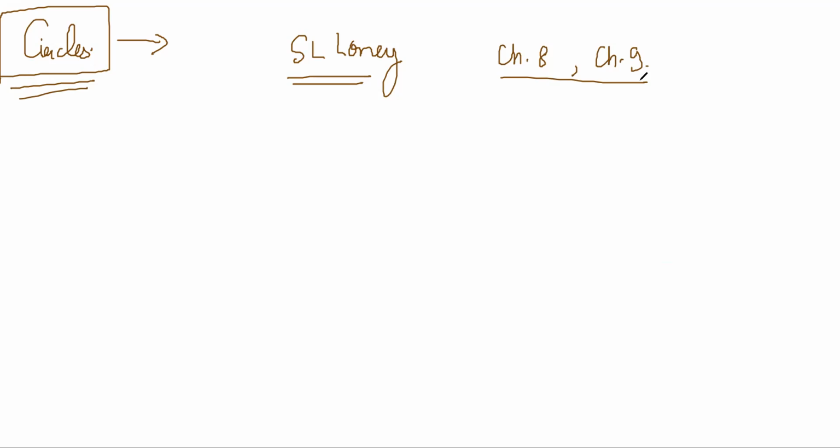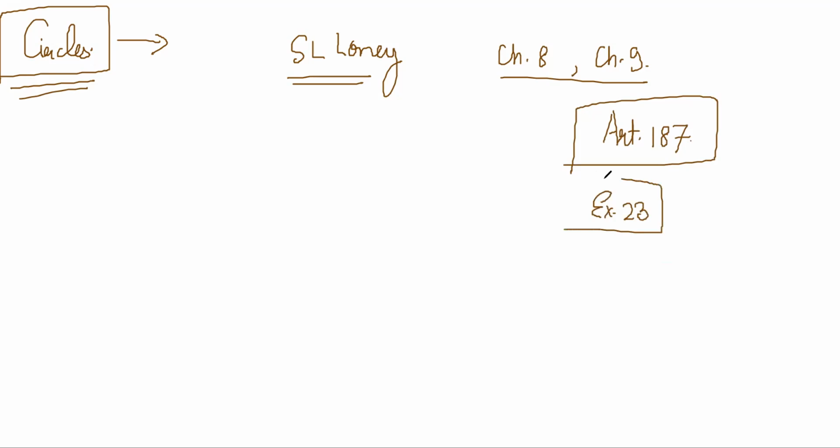By article number, we'll be doing till article 187. Some articles might be omitted in the middle, but till article 187 or just before, till exercise 23. Exercise 23 is the end point, and the starting point is article number 138.